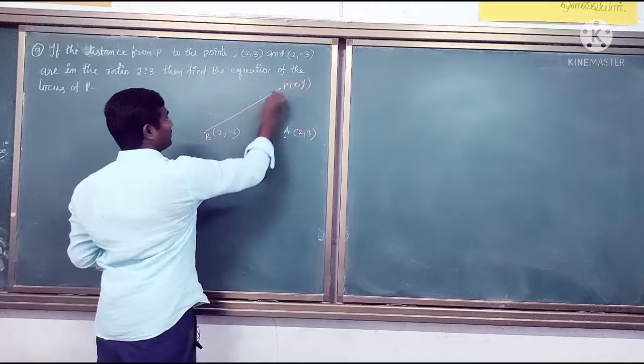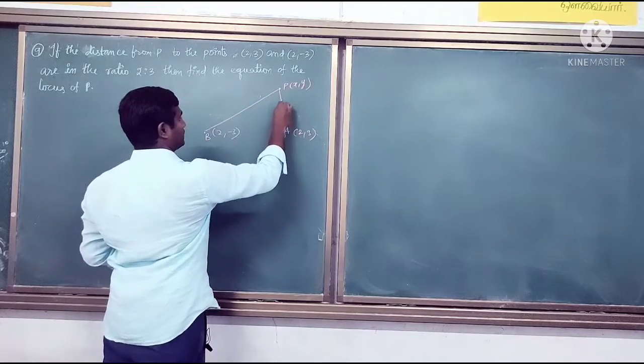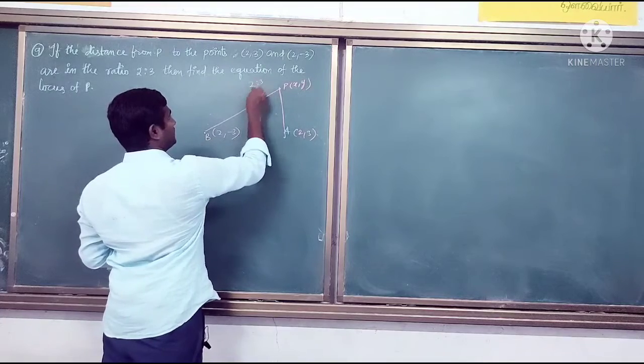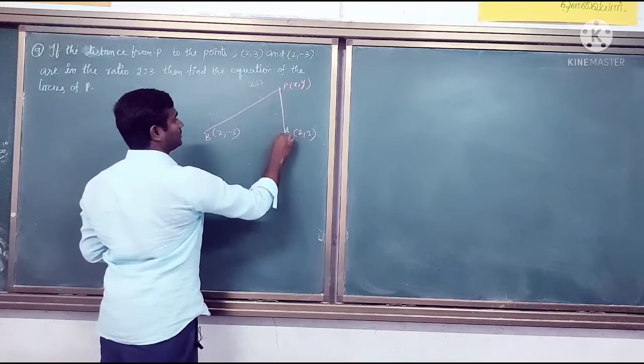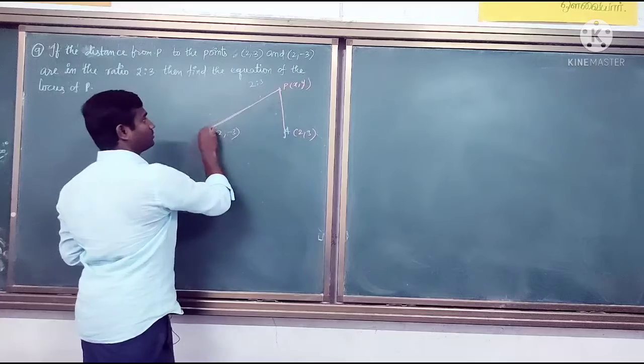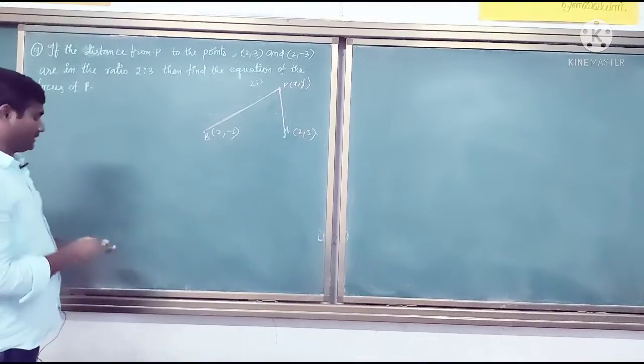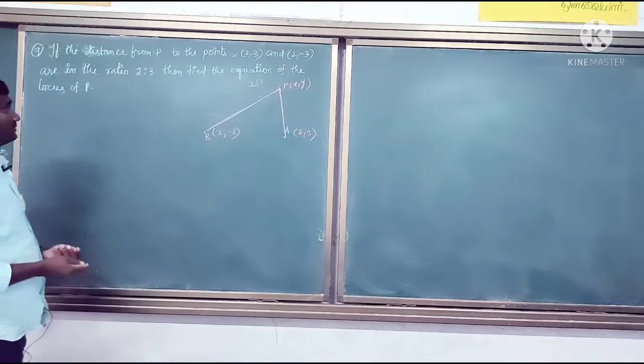Then the ratio of the sides is given as 2:3. That means the distance PA is to PB equal to 2:3. So that is the geometrical condition.